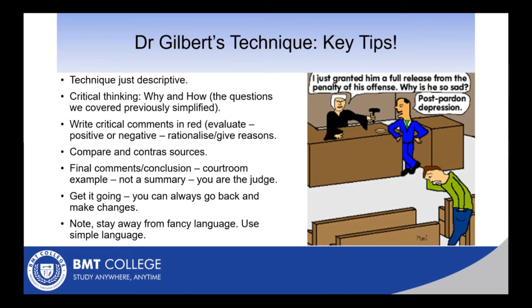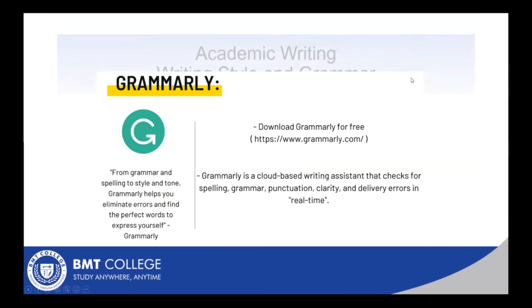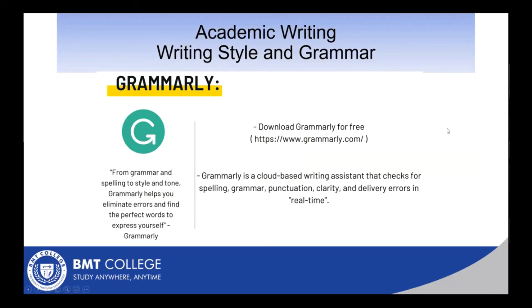Don't try to be fancy and impress anyone with the way you're writing and the words that you're using. Use simple language so that you can get that point across, clear, concise, and that's where we will go to the next part of our topic, and that's the academic writing part.